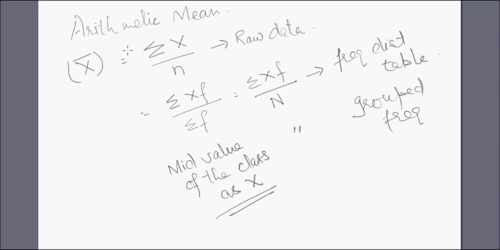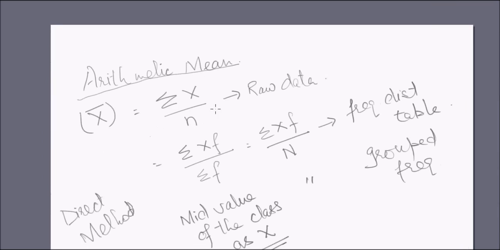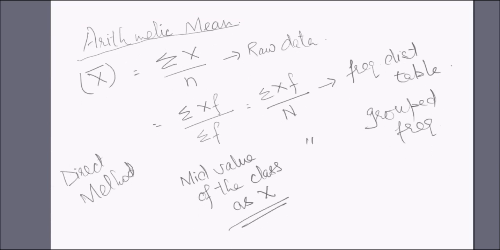Okay, so this is the simple way of calculating the arithmetic mean, and we call this the direct method of calculation.